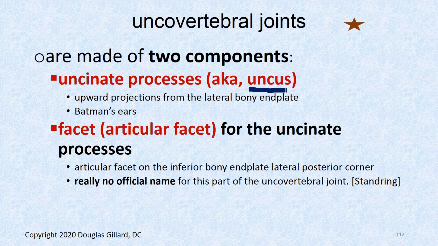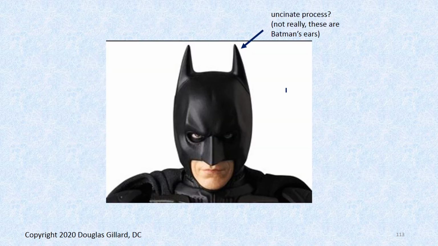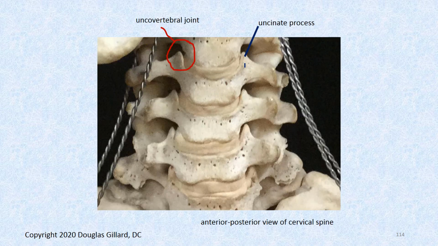There's a name for everything, but not that. Uncinate processes? Yes, those are not really Batman's ears, of course.